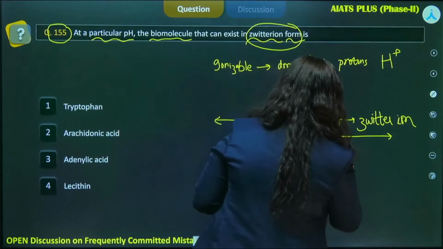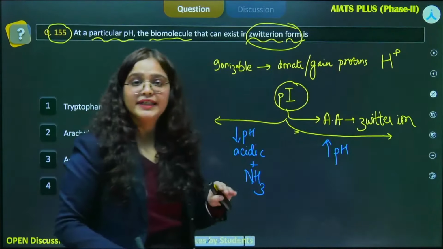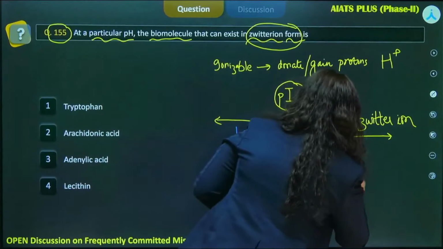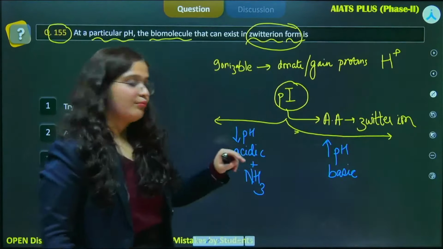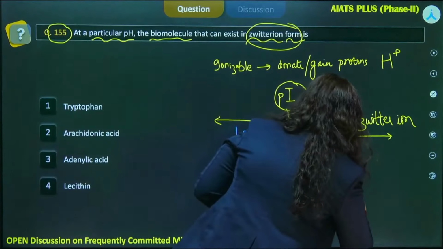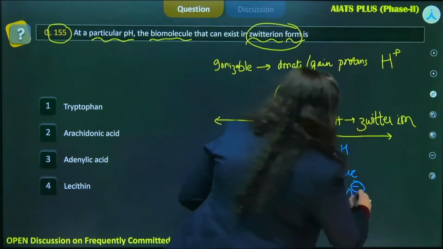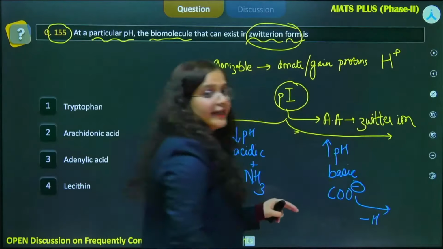But if my pH is high, which means that there is a basic condition, in that case, the carboxyl group will tend to lose one hydrogen ion and it will become negatively charged.